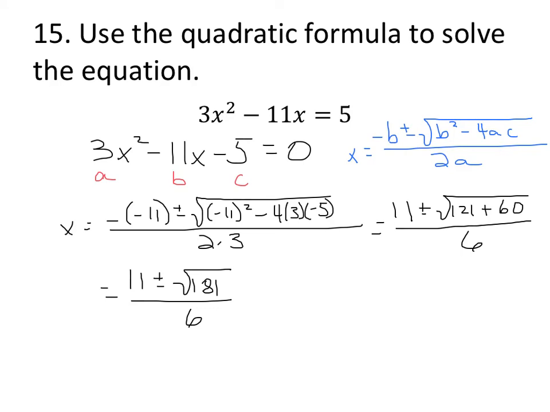So we need to decide if it's a prime number or if it can be factored. And the way I would do that is go through a few of your prime numbers. You know that it's not divisible by 3 because if you add up those digits, they're not divisible by 3. And it's not even, so it's not going to be divisible by an even number. And it's not divisible by 5 because 181 doesn't end in 0 or 5.